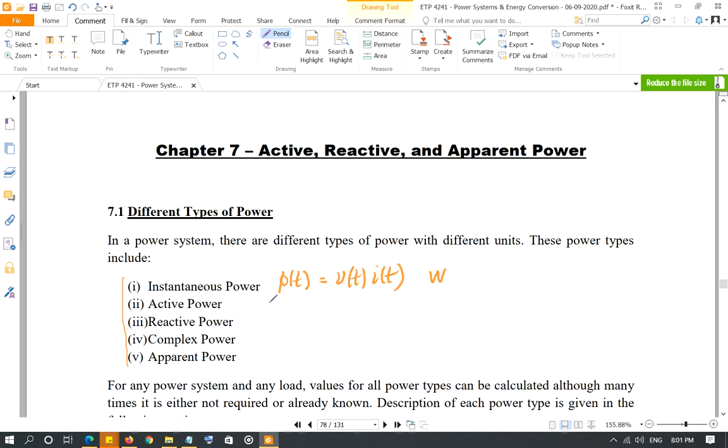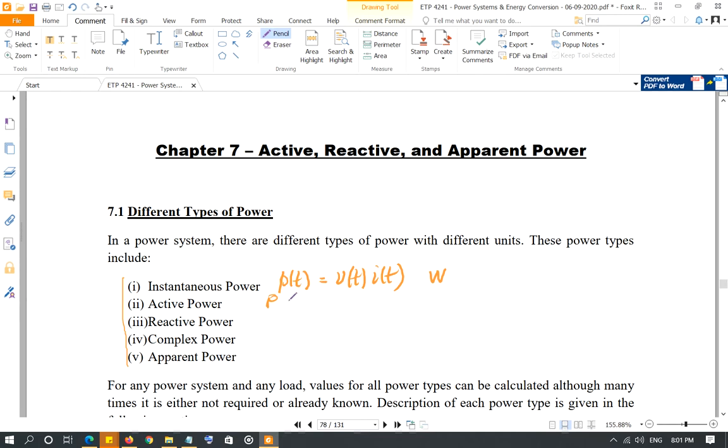Active power is the same as DC power. So active power is represented by uppercase P, and active power is also called average power. It is called DC power, and of course active power.